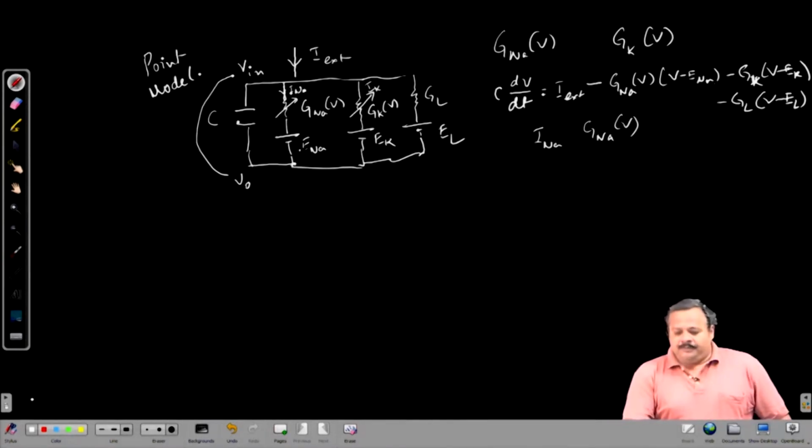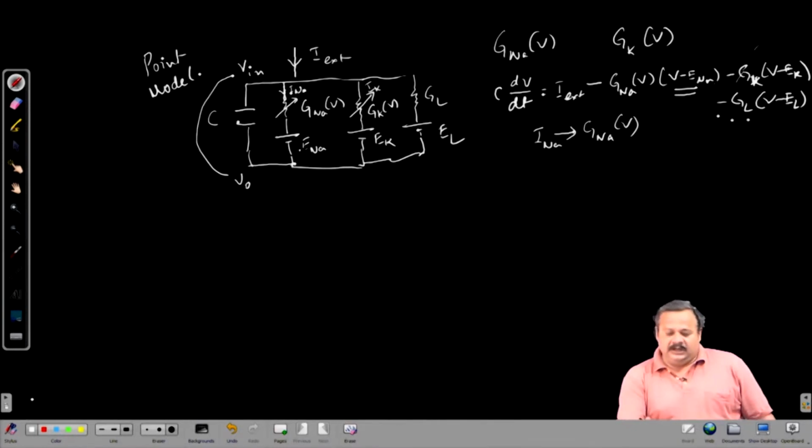And so from this we can derive this, because we know what V and E Na are, when we are blocking the potassium channel, and the G leak and E leak are known. And I external basically corresponds to the sodium current that is going, because we are in clamp mode, as we have discussed in the patch clamp lecture.